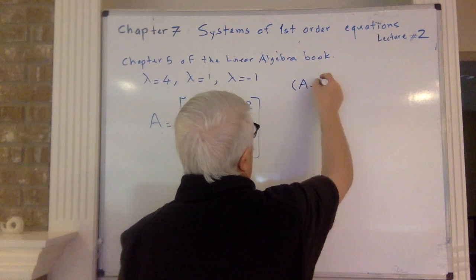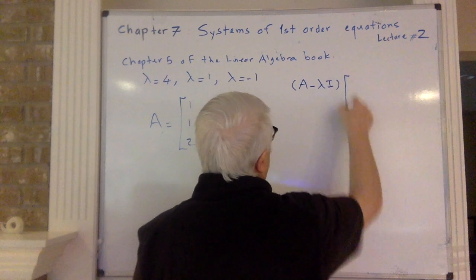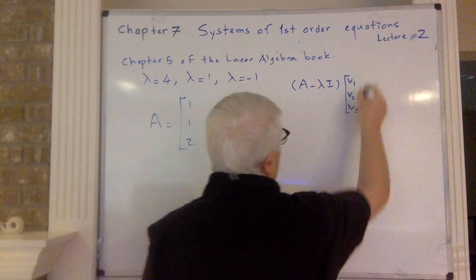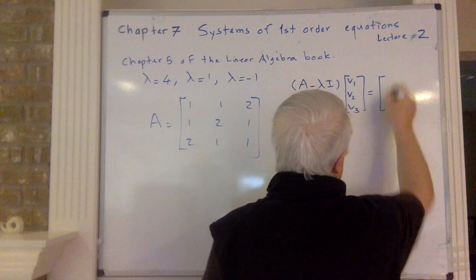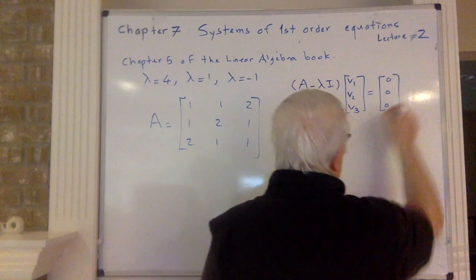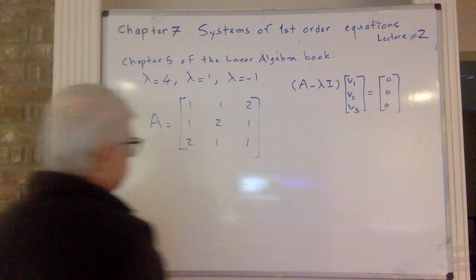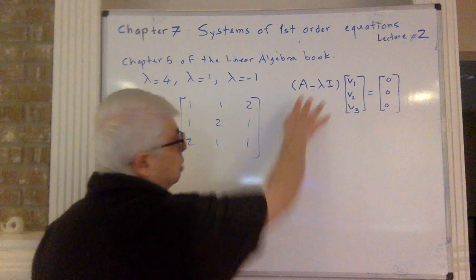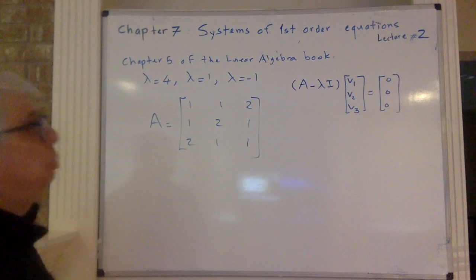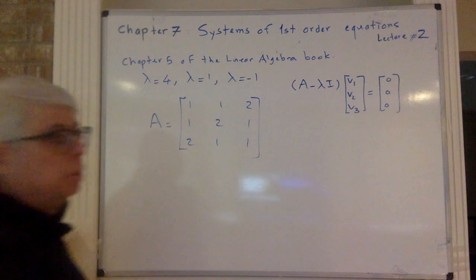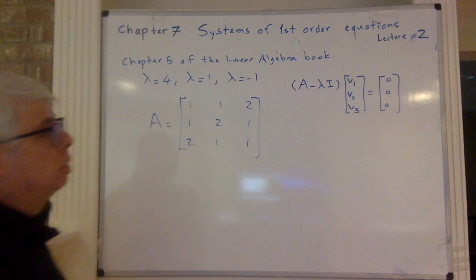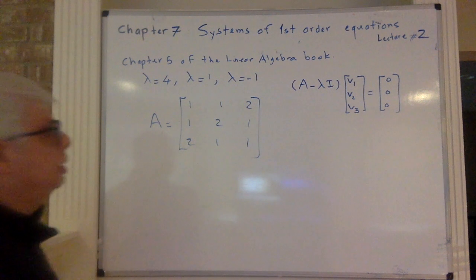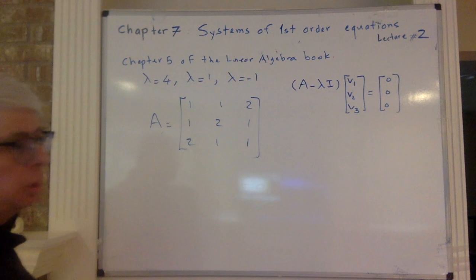A minus lambda I times vector V, which has 3 components, equals this. So it's a homogeneous system. And I set the determinant of this to 0, which means this matrix, which I will write, cannot be inverted. So it's not invertible, okay? Which means that when I write that matrix, at least one row is redundant.